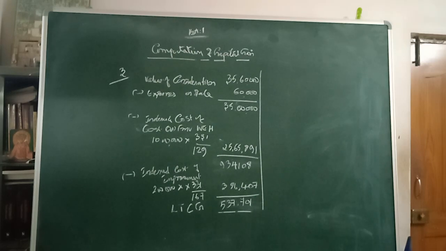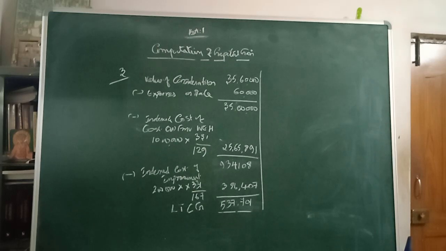Always keep this in mind: when the asset was purchased after 2000, we directly take the present cost, whereas if the asset was acquired before that, we should see the fair market value or the cost.